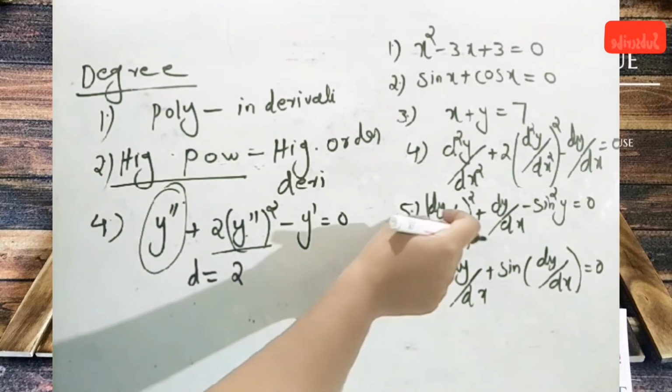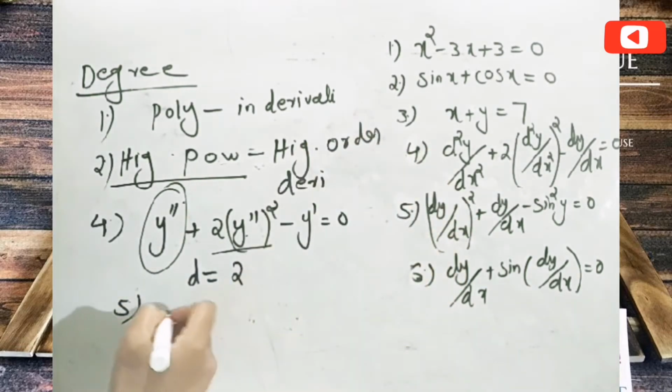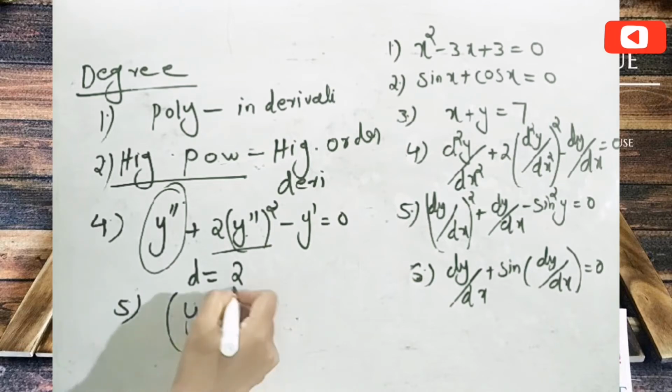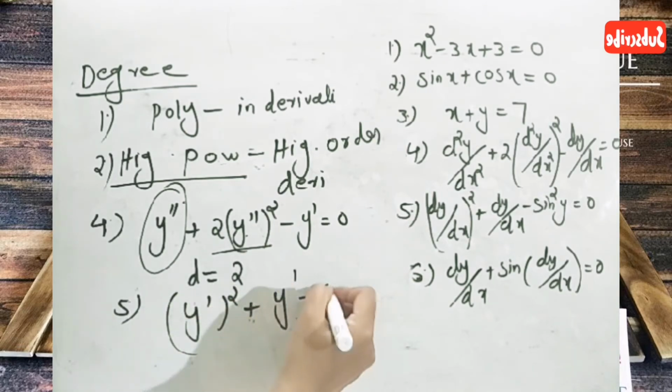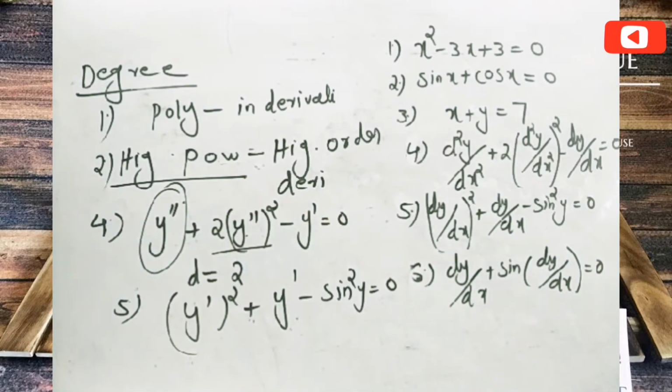Now, the fifth one we can write as dy by dx means y dash. So y dash all square plus y dash minus sin square y equal to 0. This is also a polynomial in y dash, and the highest order derivative present in the fifth equation is the first order derivative.